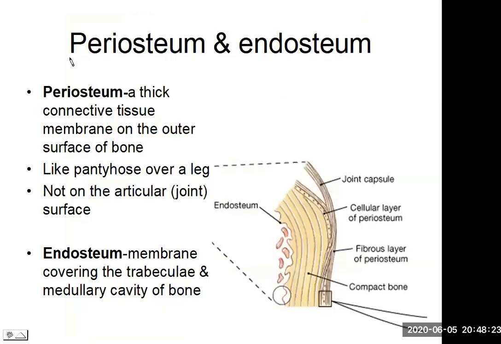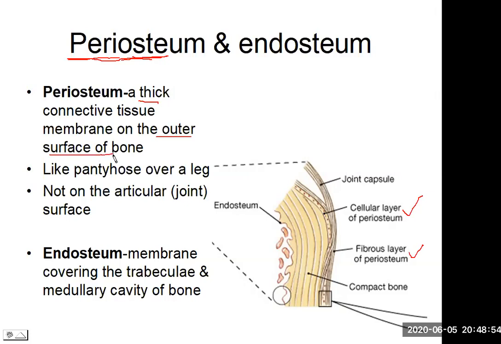So there is the superficial external periosteum, and we'll see this prefix many, many times. Peri meaning around, in this case, around the surface of the bone, and osseous, bone tissue. So periosteum is a rather thick, dual-layered membrane of connective tissue that's wrapping around the external surface of compact bone.